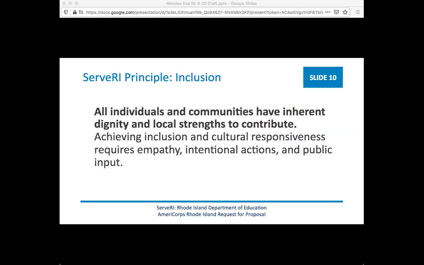So this is about creating that member experience that welcomes a diversity of people with abilities and people from different backgrounds, and also can emphasize local strengths. And there's a commitment in AmeriCorps to try to make service available to people from the communities that we're serving. So keep this concept in mind as we move forward.